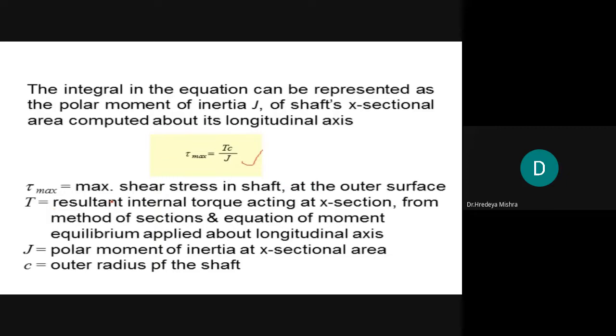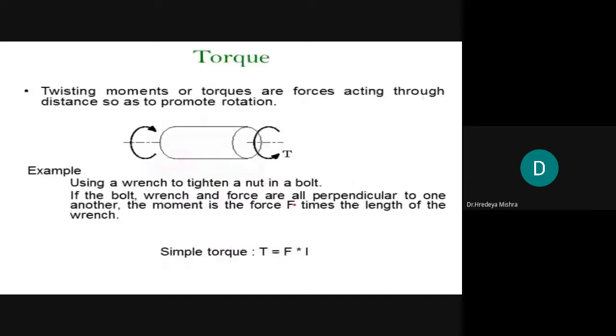T is the resultant internal torque acting at the cross-section, from the method of sections and the moment equilibrium equation applied about the longitudinal axis. J is the polar moment of inertia of the cross-sectional area, and c is the outer radius of the shaft.